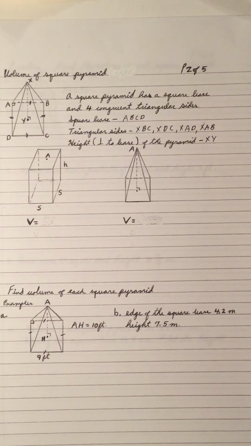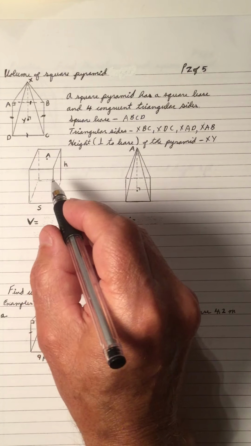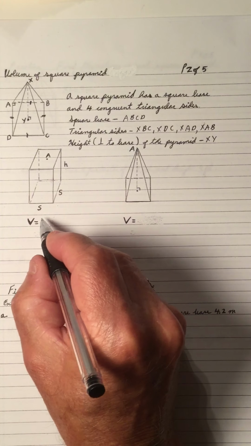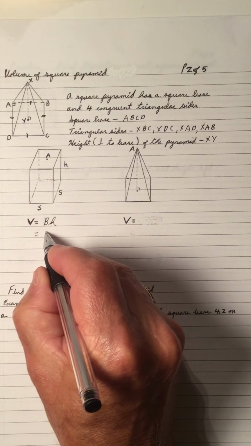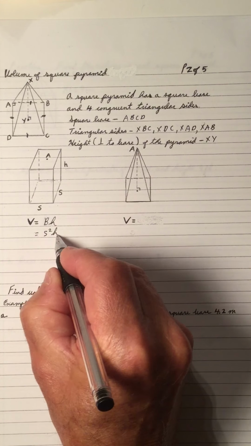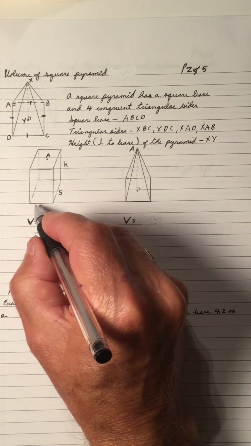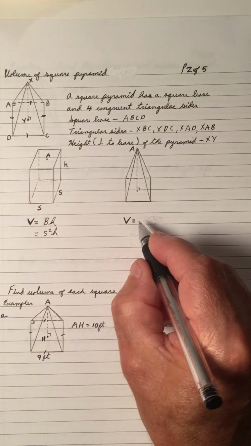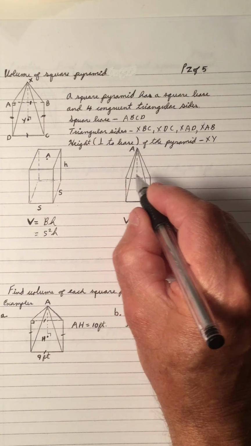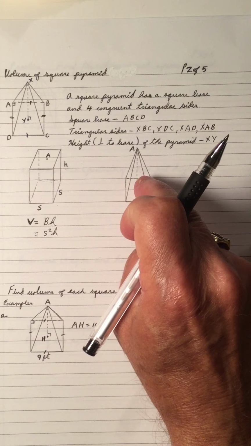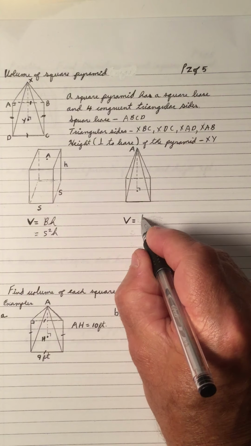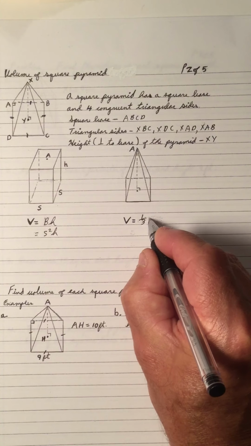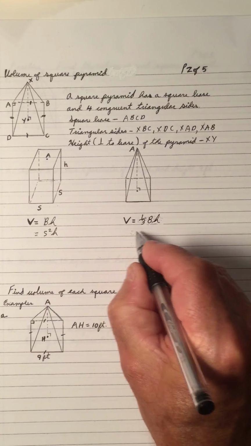So let's continue. The volume of this square prism, volume is base area times height, and it's S squared H, because the bottom is a square going up through a height of H. And since this square pyramid is cut from the square prism, it's 1/3 of the volume, base area times height.